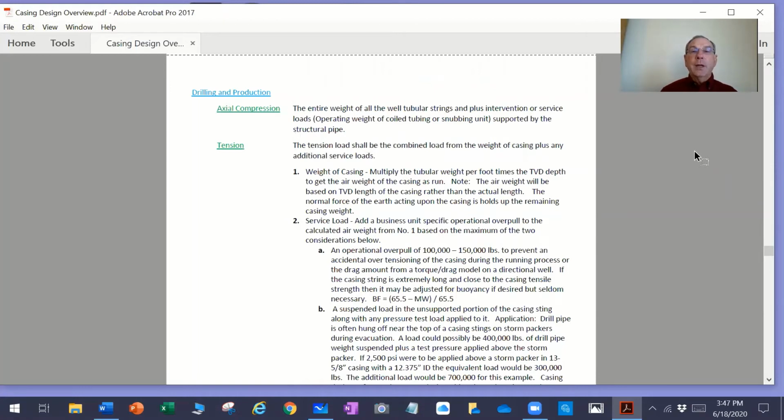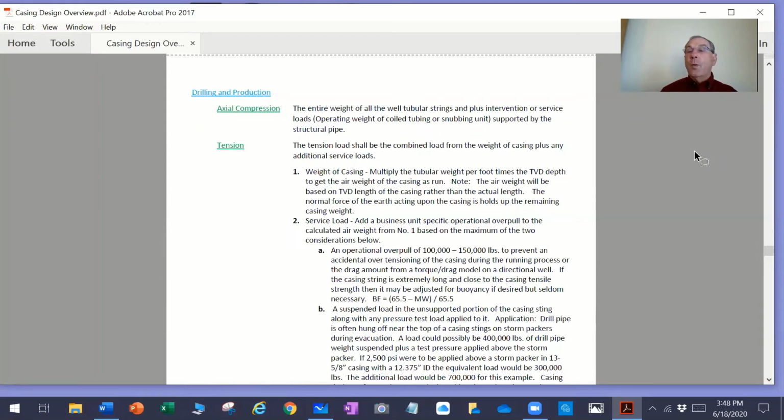All right, we're going to switch now to axial loads for compression and tension, for both drilling and production. For axial compression, the entire weight of all the well tubular strings plus intervention or service loads are supported by the structural pipe. So you would calculate all the weights on the well. Let's say you're going to drill a really deep well, and adding up all the air weights of all the casing and tubing on the well is 4 million pounds.